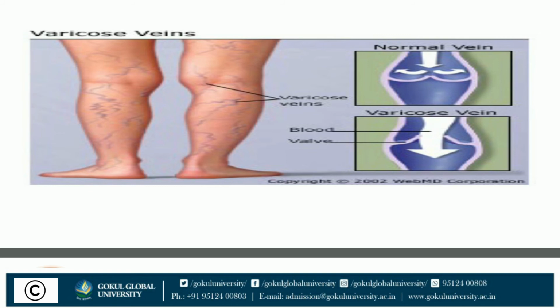In this diagram you can see varicose veins. The first diagram shows a normal vein, its valve position and direction of flow. In the varicose vein, the direction of flow is reversed. You can see there is tortuosity on the back of the leg.